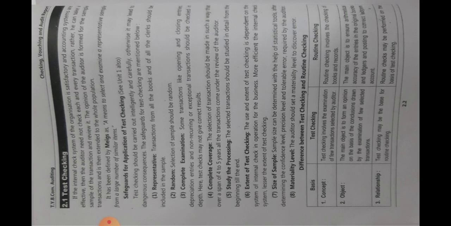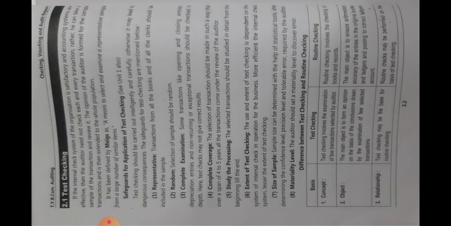Now let us look at the difference between test checking and routine checking. First point of differentiation is concept. Test checking involves the examination of a few transactions selected by the auditors, whereas routine checking involves the checking of books and records.